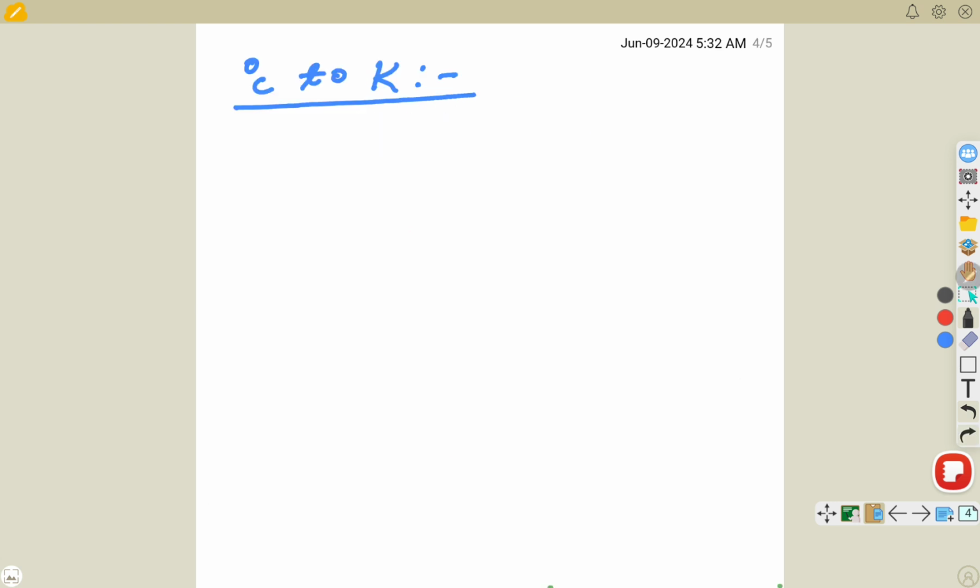Let's study the conversion of Celsius scale to the Kelvin scale.